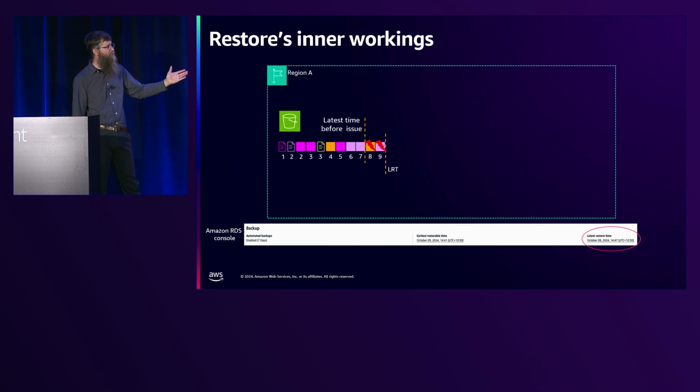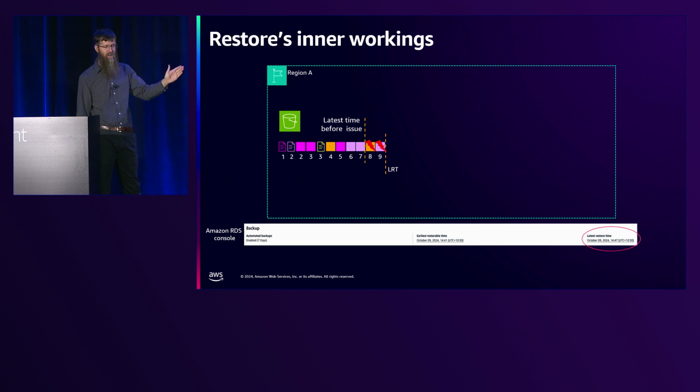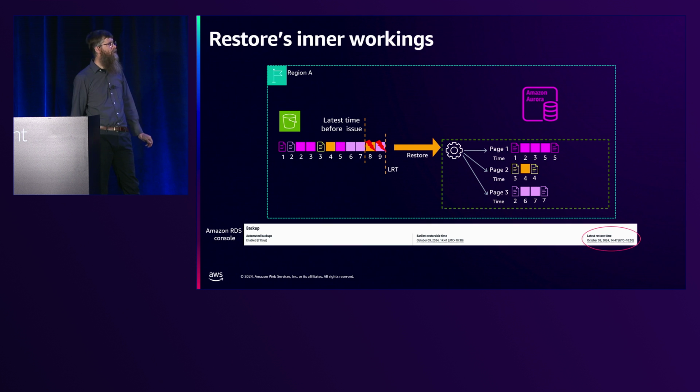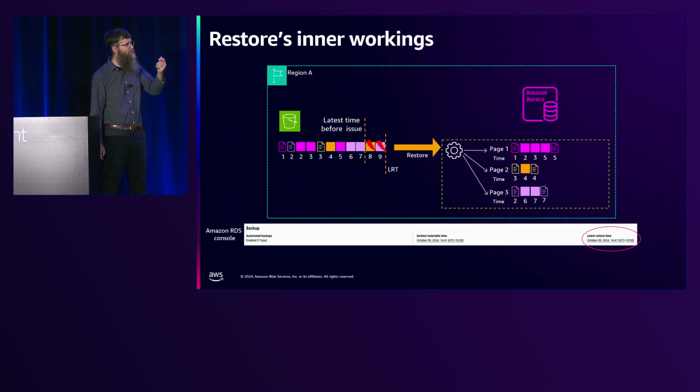So then we're going to restore the latest copy of all of the pages before that point, right? And this is going to happen in parallel across all of those storage nodes that we saw before. And then we're going to take all the log records that came after that point, up until ×7 in this case, and we're going to apply them to the page. We're going to redo those instructions. At that point, those database pages are at a crash-consistent point from the database engine's point of view.